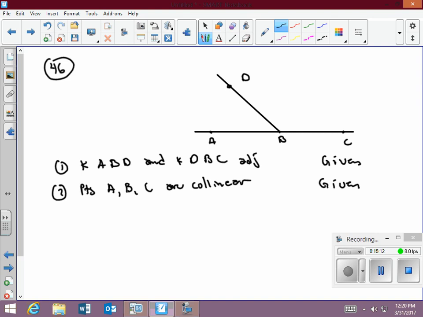Then their number two, I guess I should have looked at it, was angle ABD plus angle DBC equals angle ABC. And that's the definition of adjacent, right?